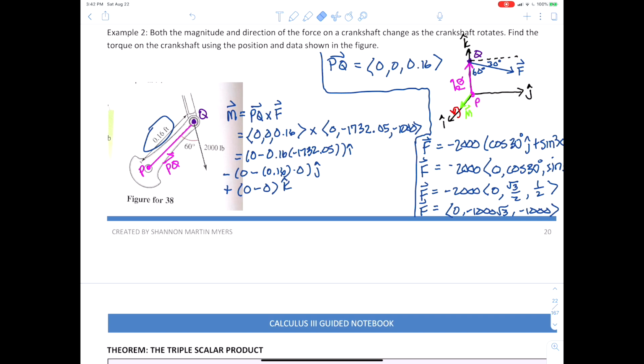So we'll get about, so these give us approximates, so we'll end up with the vector M being approximately 277.128 times i, because that was the only one that did not zero out.